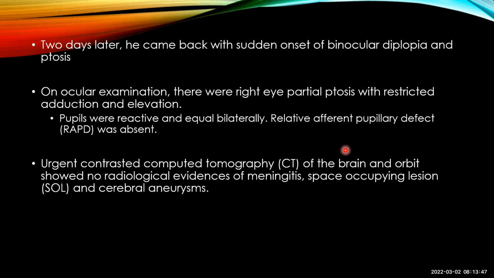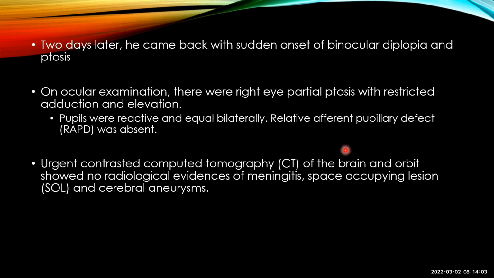On ocular examination, there was right eye partial ptosis with restricted adduction and elevation. Pupils were spared. So from the examination, we can conclude that the patient had a right eye pupil-sparing partial third nerve palsy.